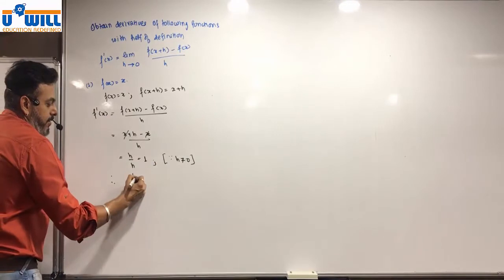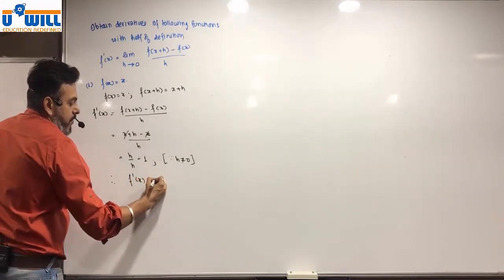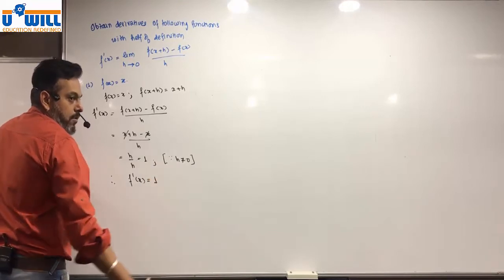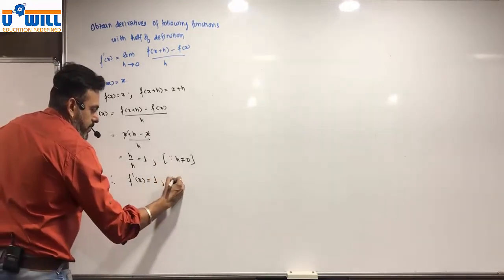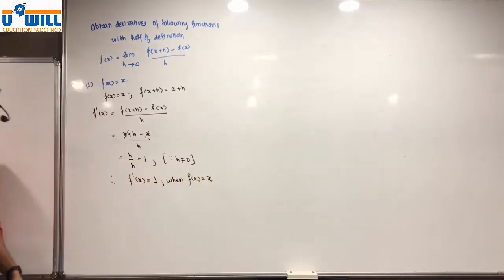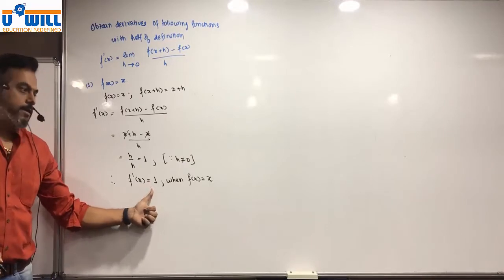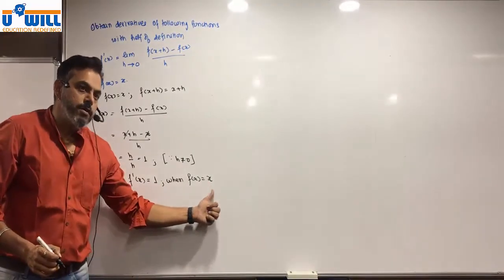Write this: the derivative of f(x) is equal to 1 when f(x) is equal to x. Write this, because it is not possible for every function. This 1 is when f(x) is equal to x.